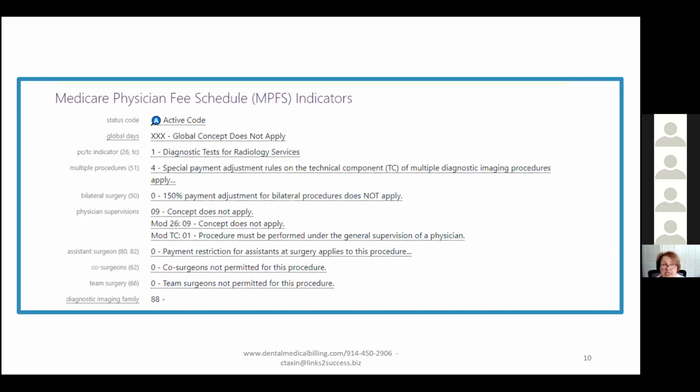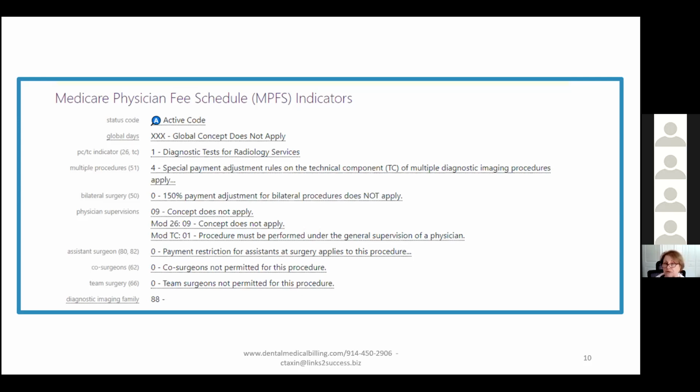And they do say the modifiers that tell whether or not you're taking the film, the scan, or you're reading it is applicable. So actually taking the film and submitting for the payment of the scan itself has to be modified, and it must be performed under the general supervision of the physician who owns the practice.